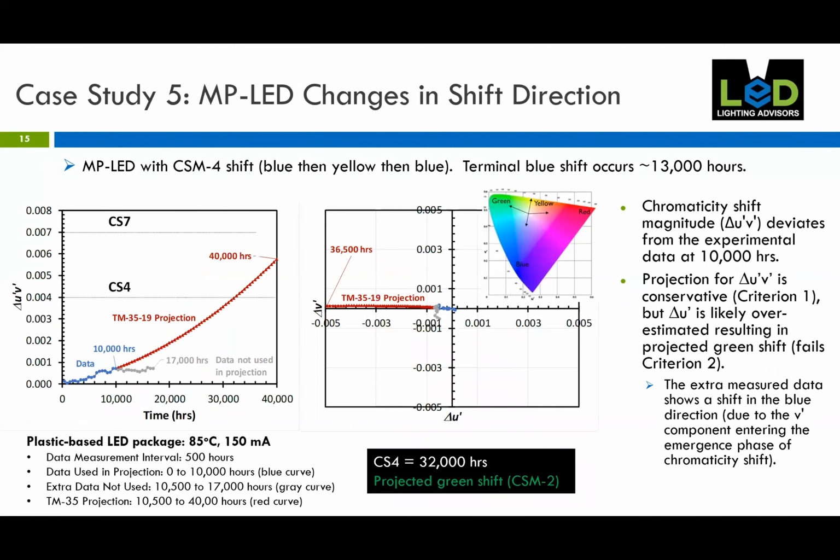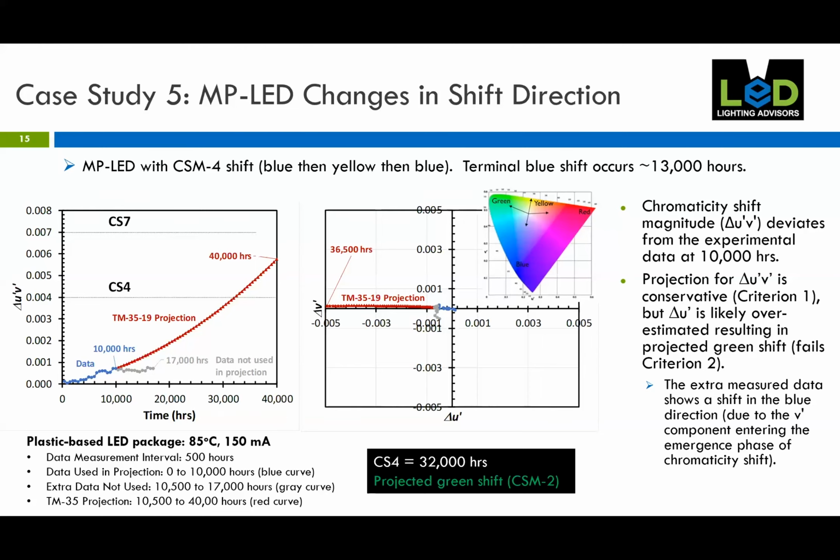So shifting gears to the mid-power package platforms and how these behave in TM35 projections, we looked at a fifth case study where we used 10,000 hours of measured LM80 data, which is the blue curve. And we actually had the full 17,000 hours of data in the gray curve. We just used the first 10,000 hours for the projection.